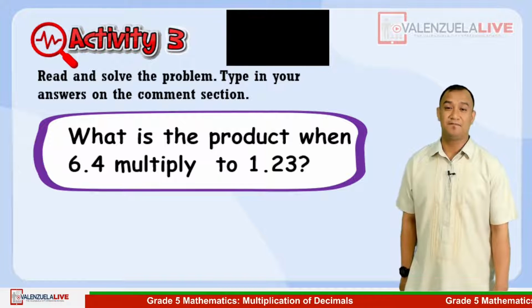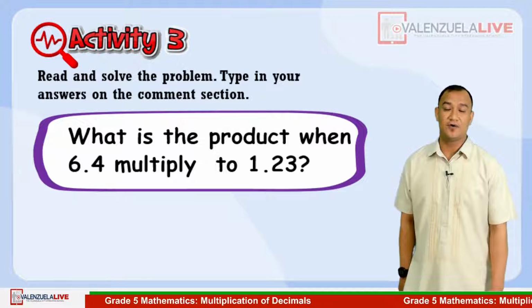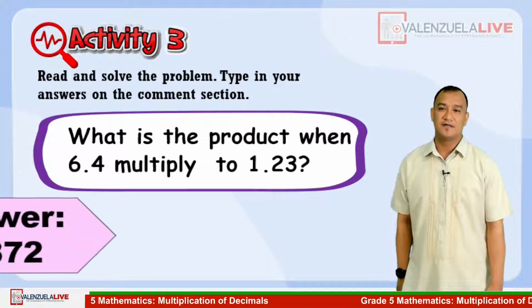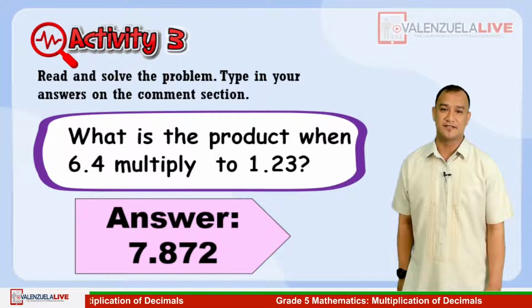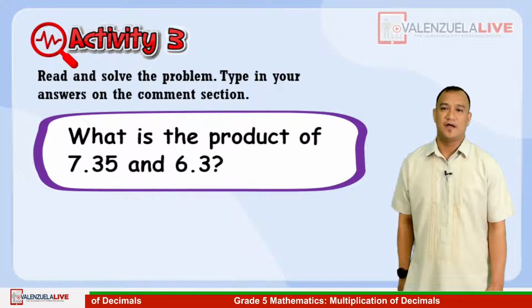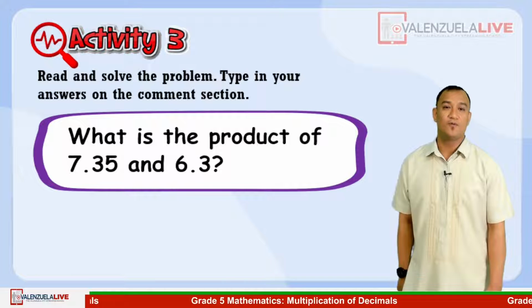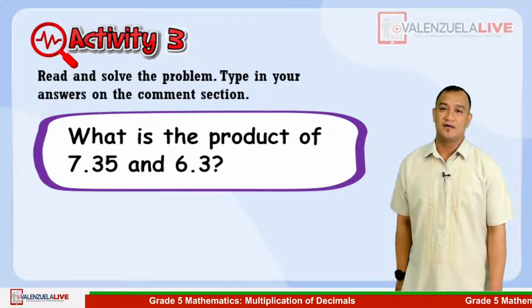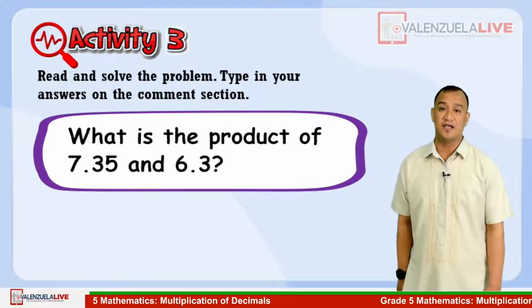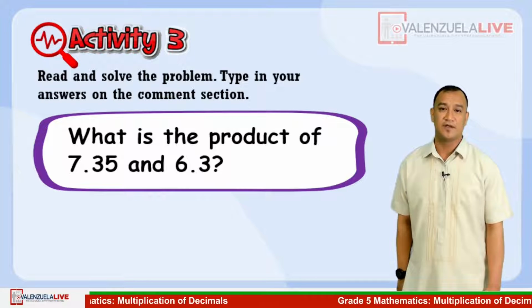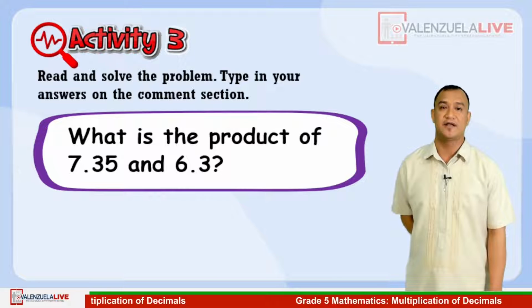Okay, time's up. For our product, we have 7 and 872 thousandths. And for the third problem, what is the product of 7 and 35 hundredths and 3 and 6 and 3 tenths? Your 30 seconds starts now.